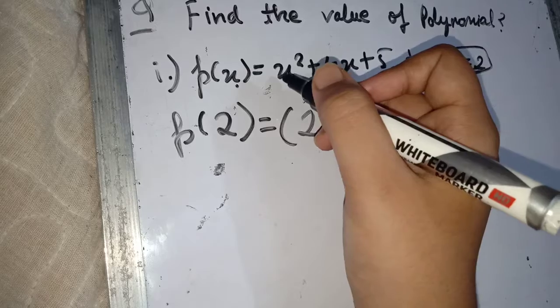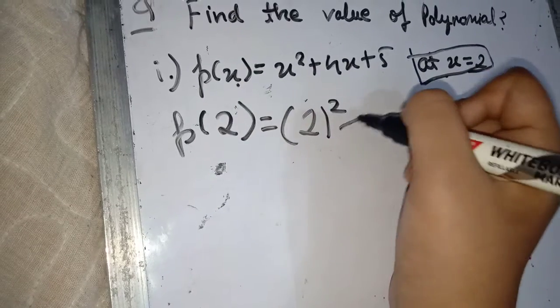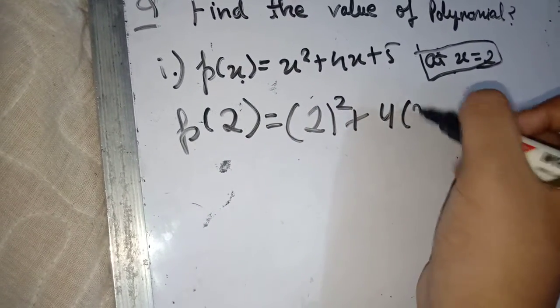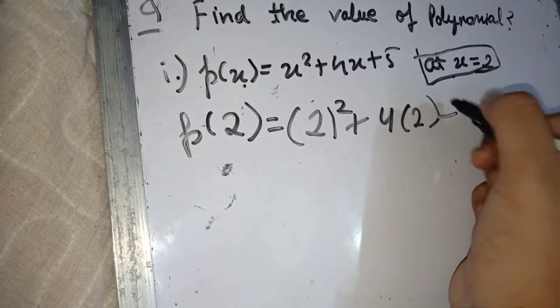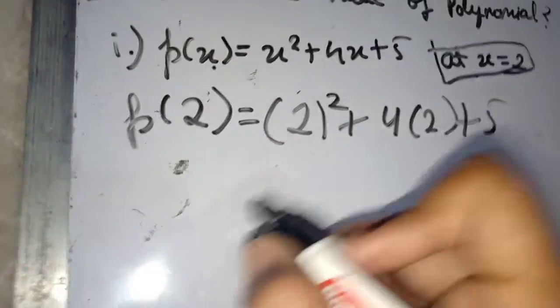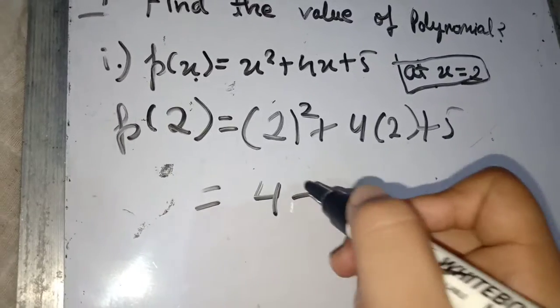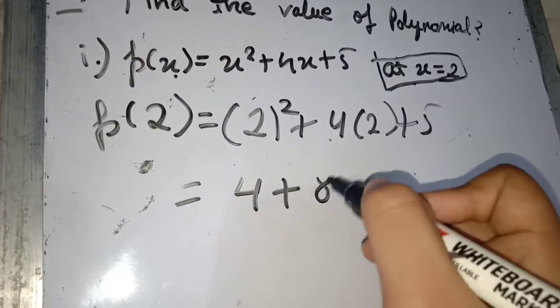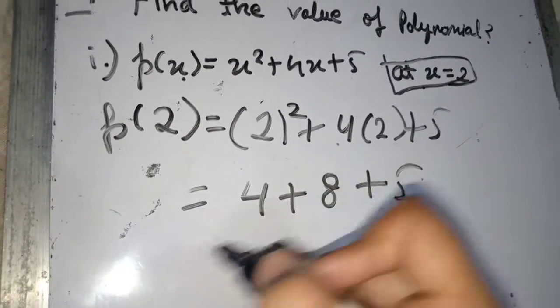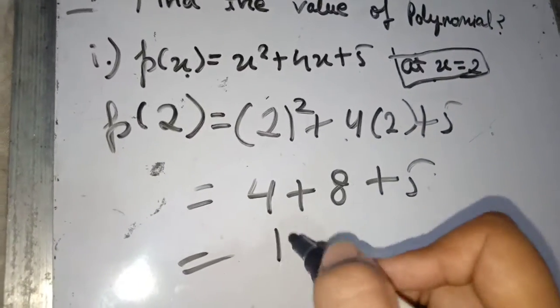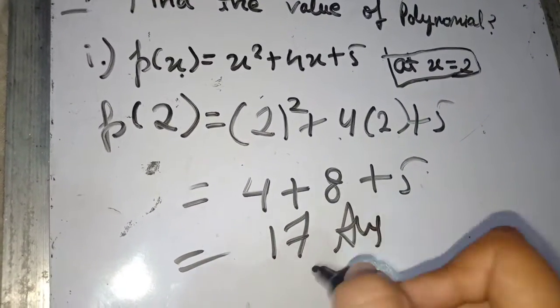Now 2 square plus 4 times 2 plus 5. Now 2 2s are 4 plus 4 2s are 8 plus 5. So it will become 17 is the answer.